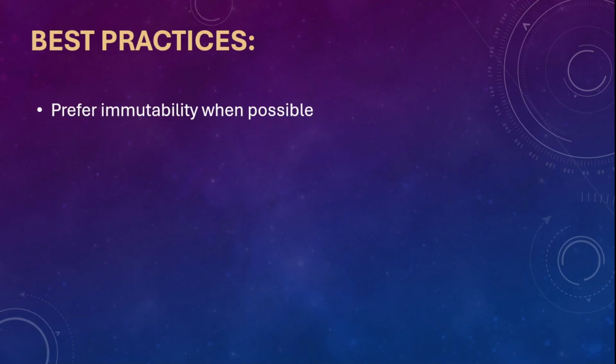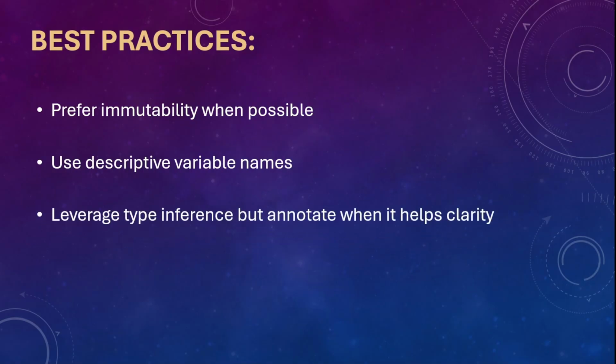Some of the best practices that you have to keep in mind: prefer immutability whenever possible for the security of your code base, and use descriptive variable names for enhanced readability, which indirectly helps us in debugging. Leverage type inference, but annotate types explicitly so that it ensures clarity.